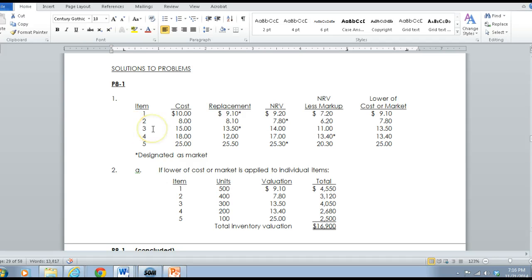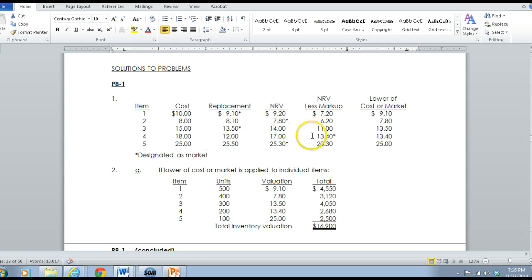In item 3, we're going to use the replacement cost because if you look at the ceiling and you look at the floor, it's right in the middle of the ceiling and floor. So in that case, we'll use 1350. For number 4, you look at the ceiling, you look at the floor, but look at the replacement cost. It's below the floor.